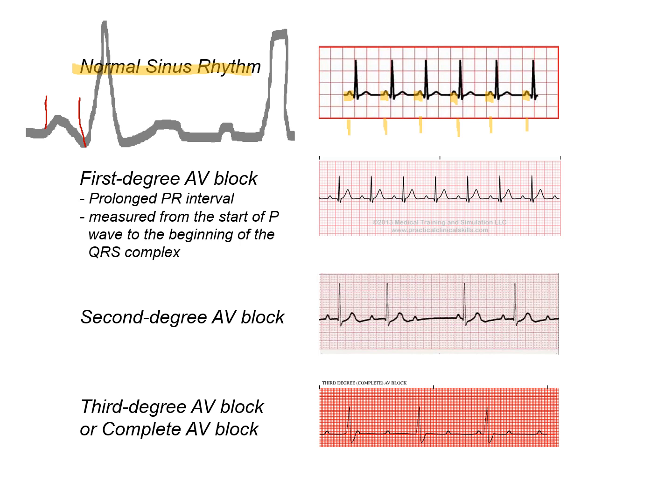If the delay is longer, then what you have is a first degree heart block. So what you have essentially here is that this period is prolonged, from the beginning of P to the start of the QRS, the PR interval in other words. It takes longer. But if you look at this ECG tracing, everything is there.